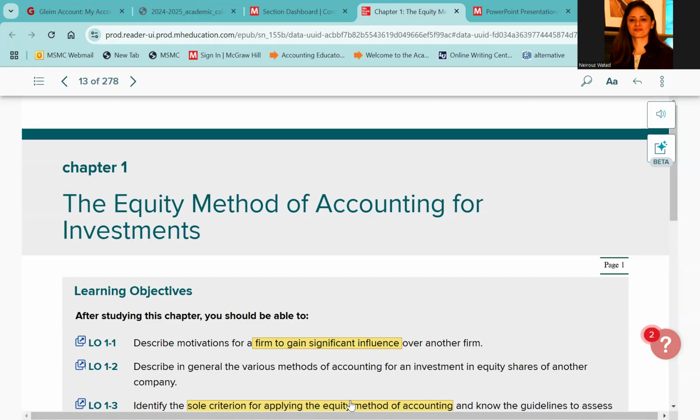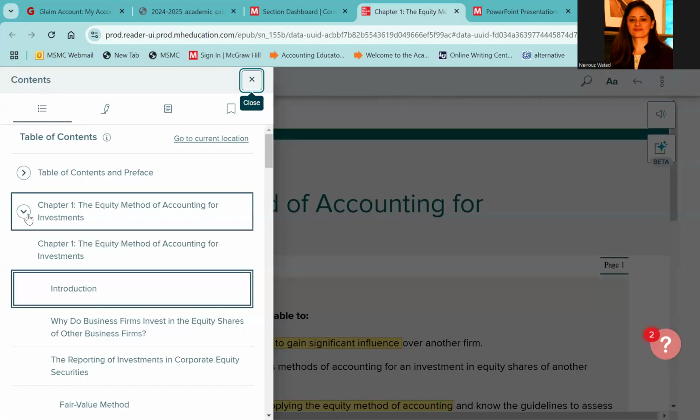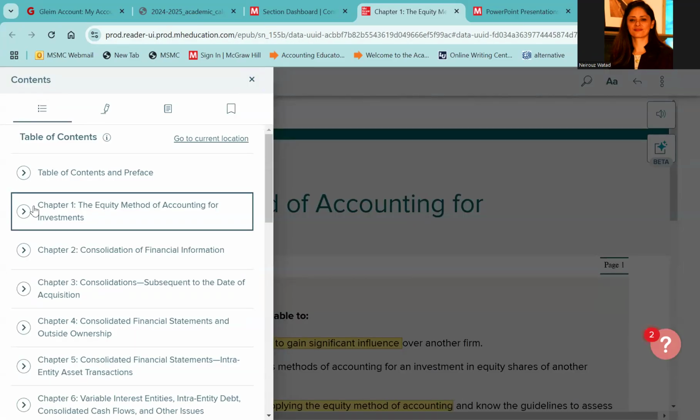Advanced accounting, from the word advanced, means that we are going to learn about complex accounting transactions. And the majority of this course is going to focus on business combination.